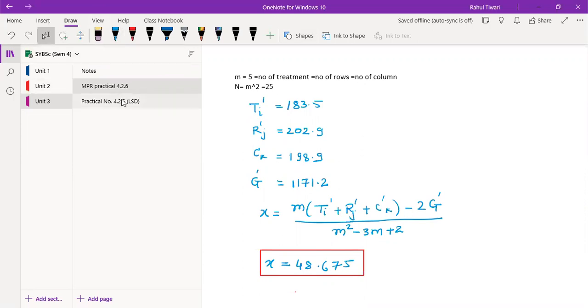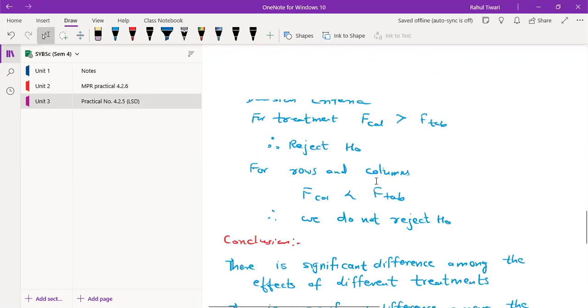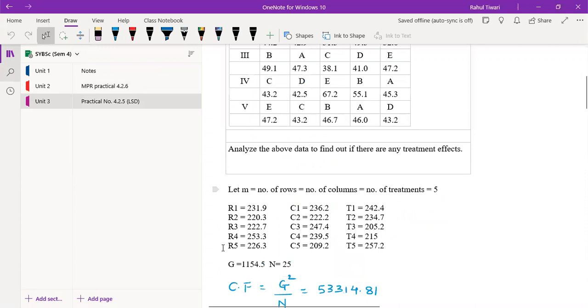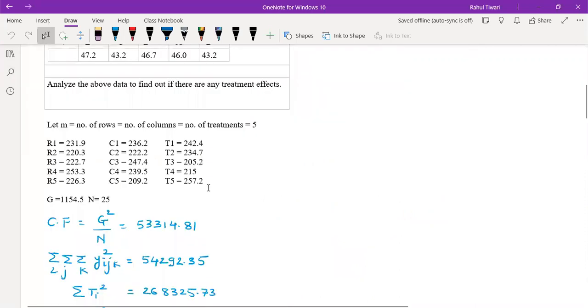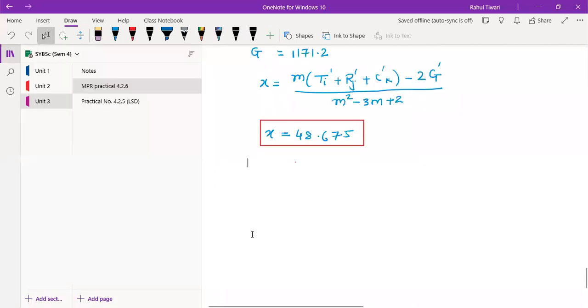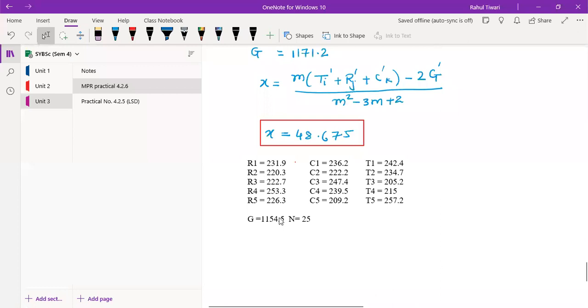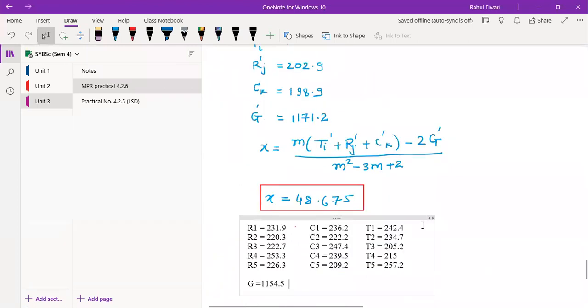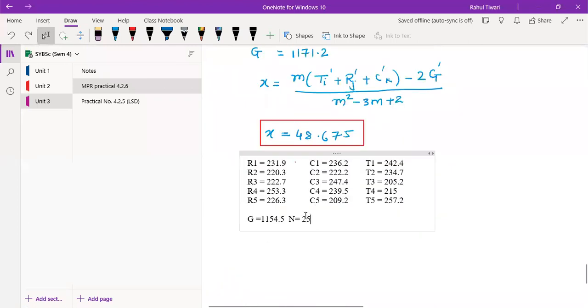So I'll just paste that part. First you need to obtain this one. Calculate all the row totals, column totals, everything. Calculate those first. Even this we have already found, which is 25. Okay, fine. This you have already found. Just calculate these rows, columns, and treatments.